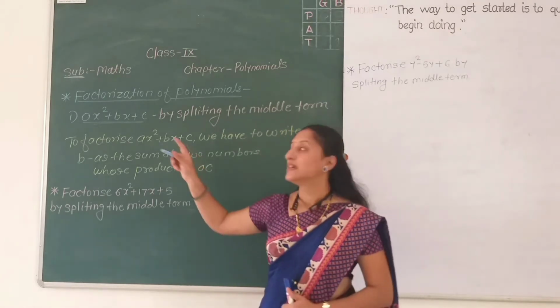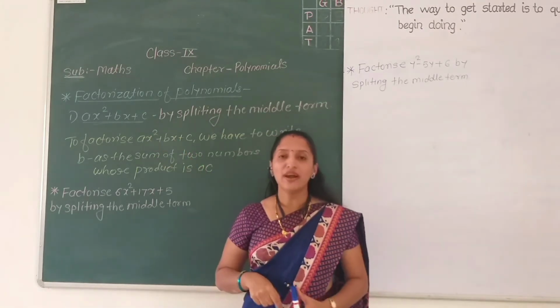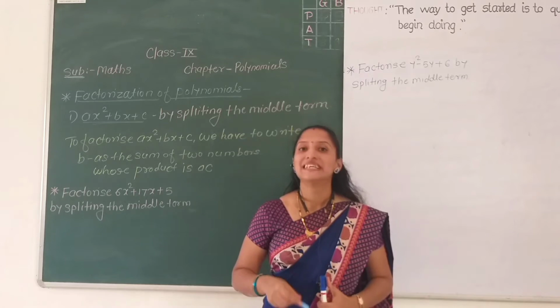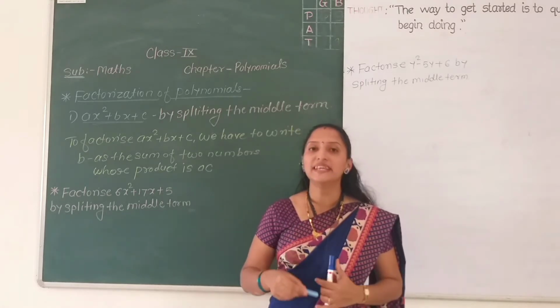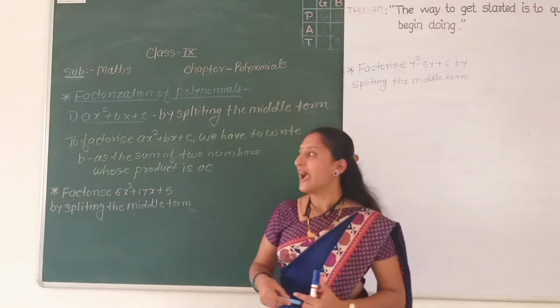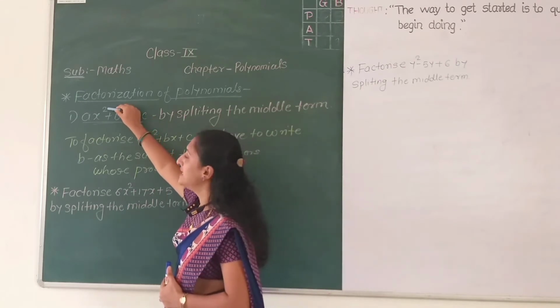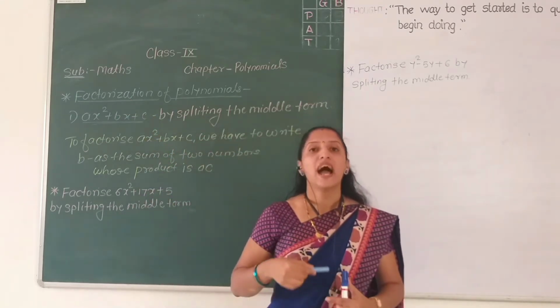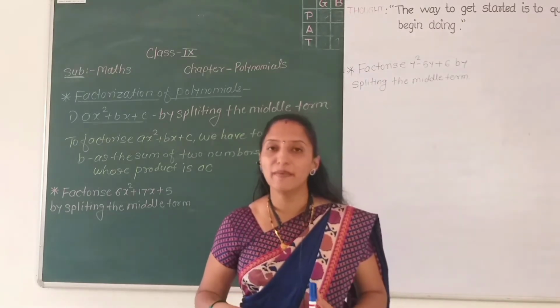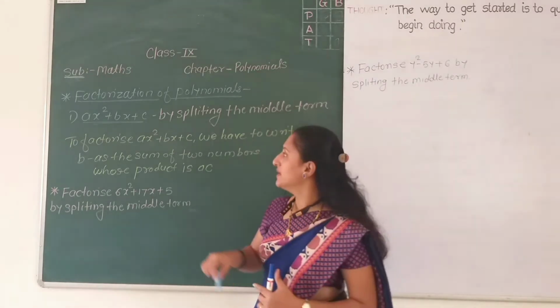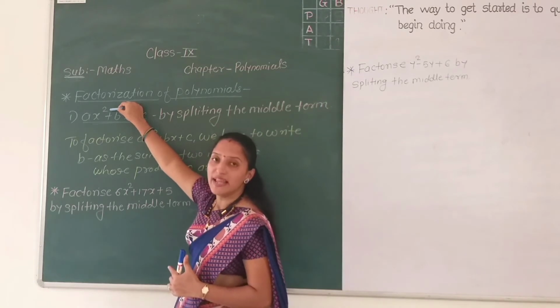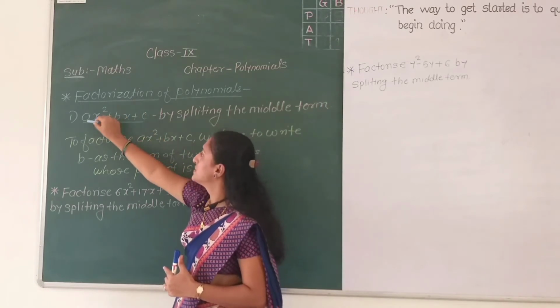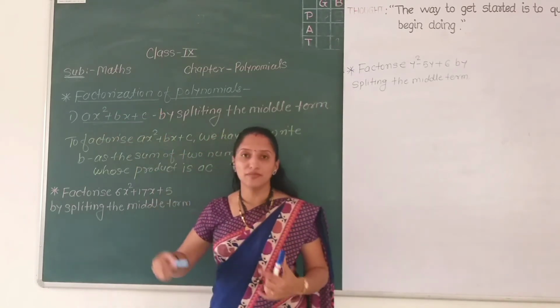It is a quadratic polynomial. Why is it quadratic? Since the highest degree of the variable is 2 here. The degree of a polynomial is the highest power of the variable in the polynomial. Here 2 is the highest power, so this is a quadratic polynomial.